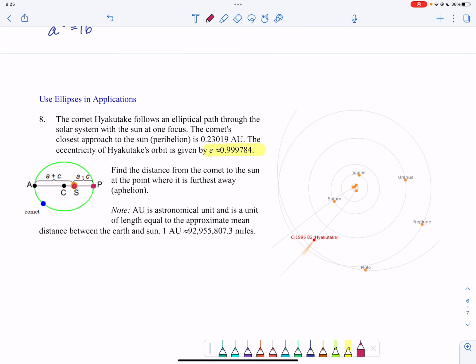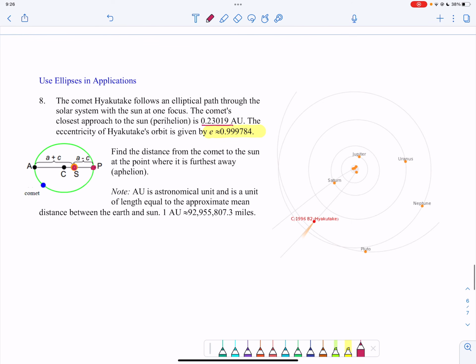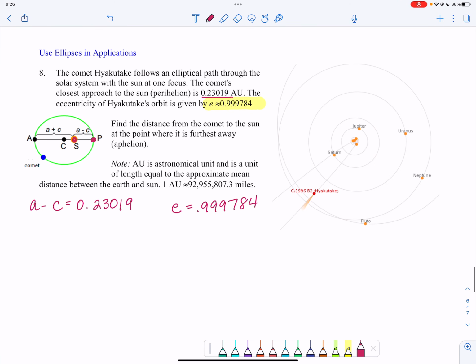And that is given right here as 0.23019. So we know that A minus C is 0.23019, and those are astronomical units. And then we were also given that E was equal to 0.999784. And we know that that's equal to C over A.